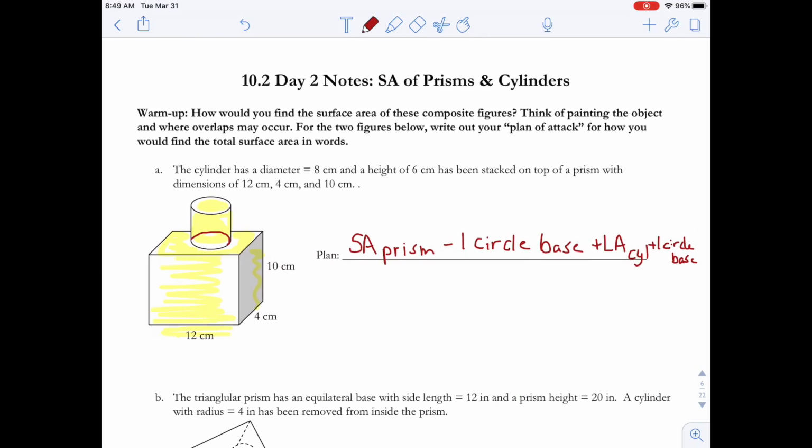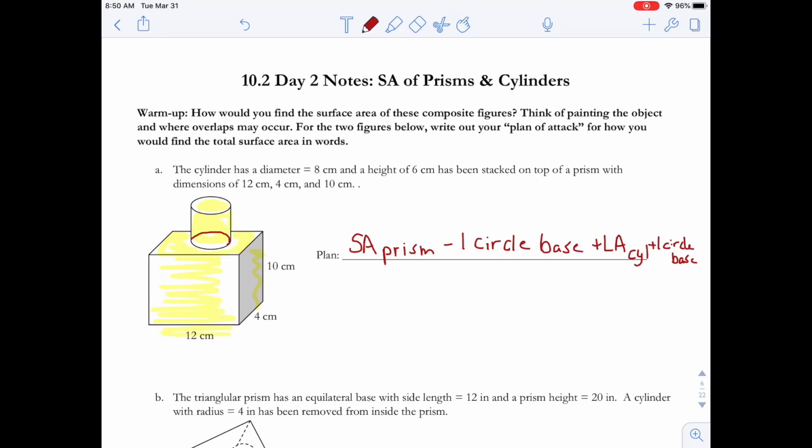Okay. So that's how we would find the surface area of that shape right there. Find the whole prism, take away the small little circle base there. Okay. And then we're going to add the lateral area of the cylinder and a circle base.